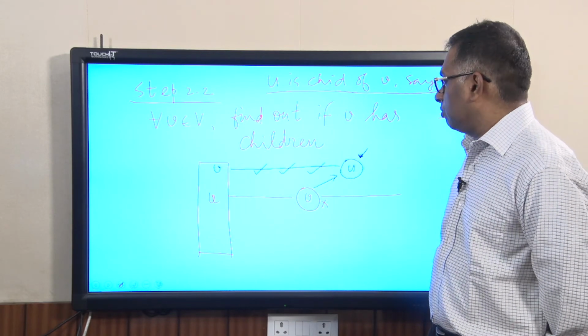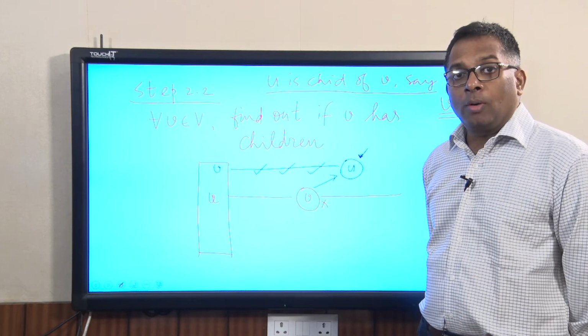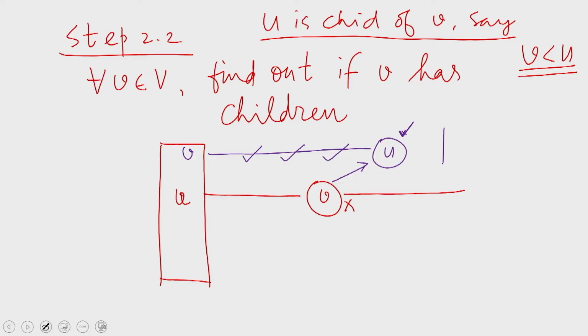Now for each vertex v, if we perform a prefix OR, which can be done using pointer jumping, one round of pointer jumping. If we perform prefix OR over this array, then we will know if v has an entry with a tick mark in it. So this can be done in order of log n time again.